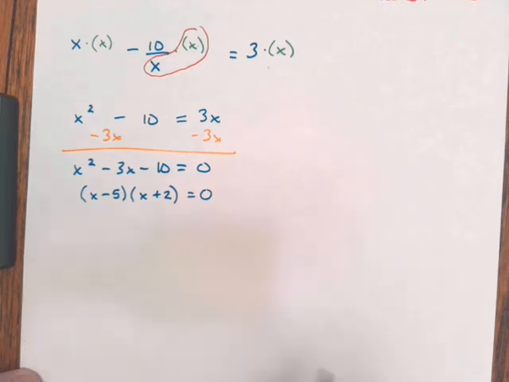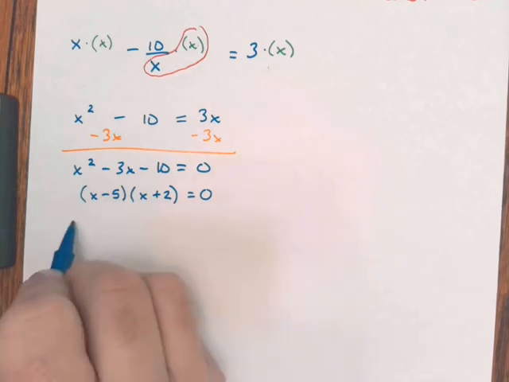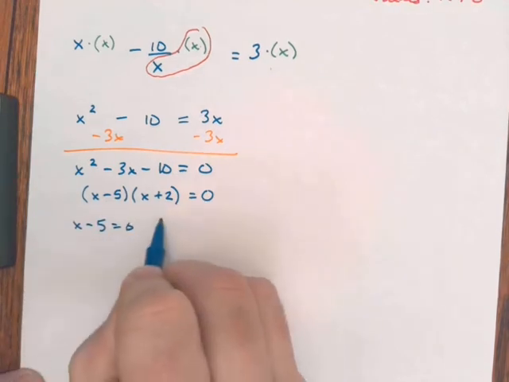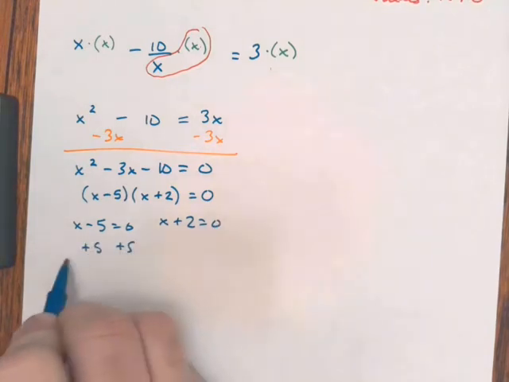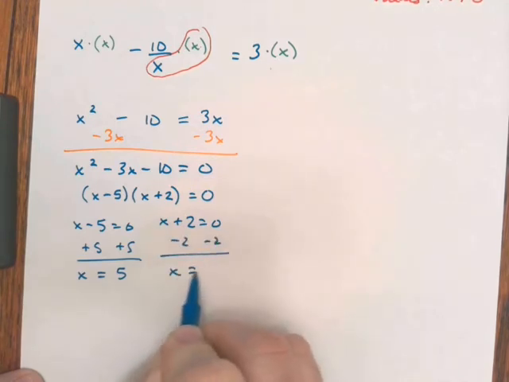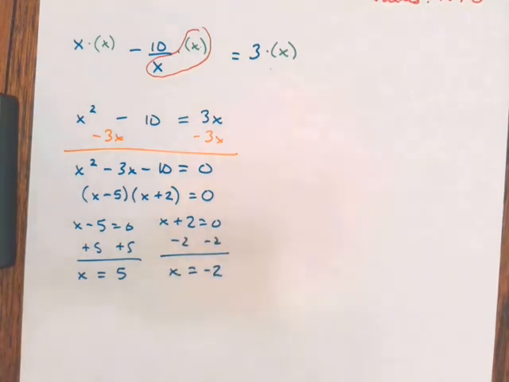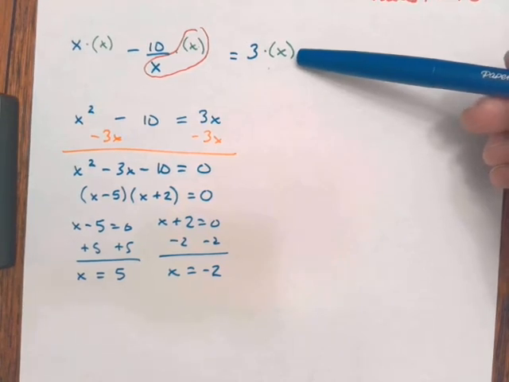Outside the parentheses now, there's no addition or subtraction, just multiplication. We have two things multiplied together that equals 0. So using the zero product property, we can break that up into two parts and solve. So there are two possible solutions here, but anytime that you multiply both sides of an equal sign by something with a variable in it, like we did in this step, we could end up with extraneous solutions.